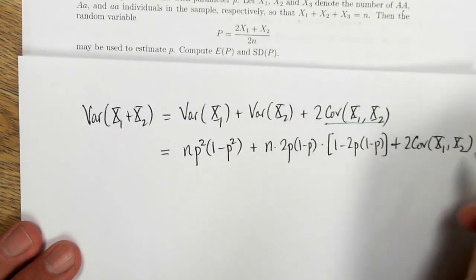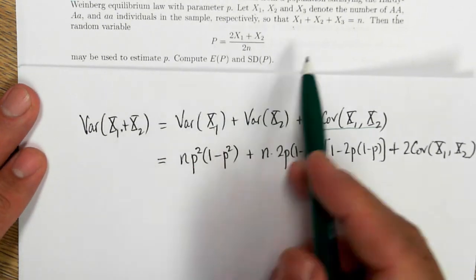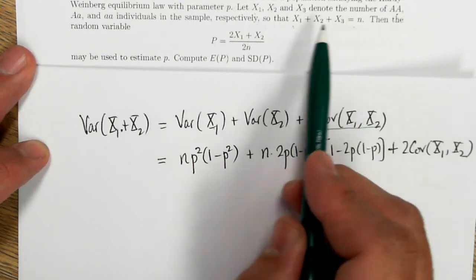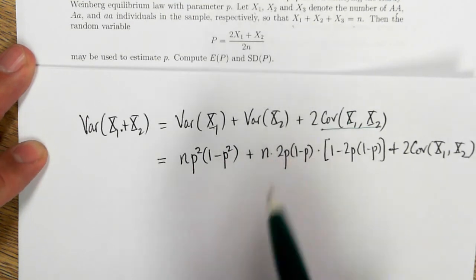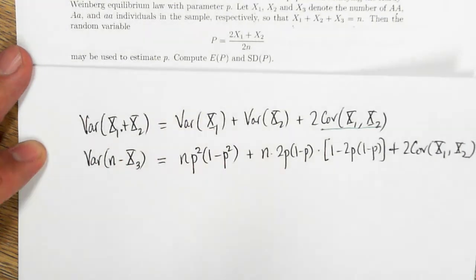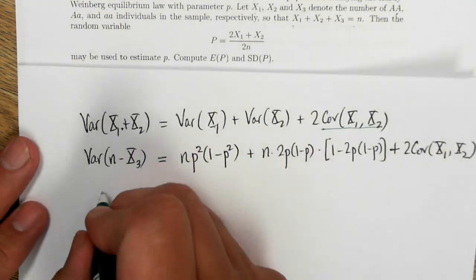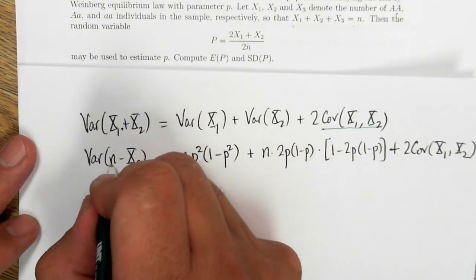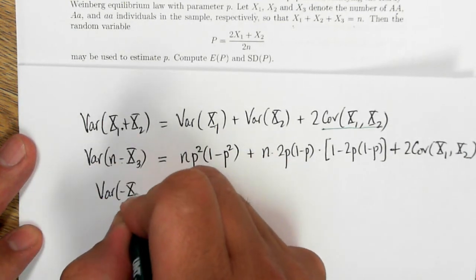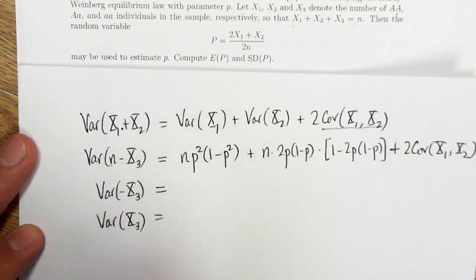And so the right-hand side simplifies pretty nicely. Now what about the left-hand side? To simplify the left-hand side, I'll use the fact that x1 plus x2 plus x3 has to be equal to n. And therefore x1 plus x2 has to be the same thing as n minus x3. And the variance of n minus x3, I can ignore the n, so that's the variance of negative x3, which is the same thing as the variance of x3.